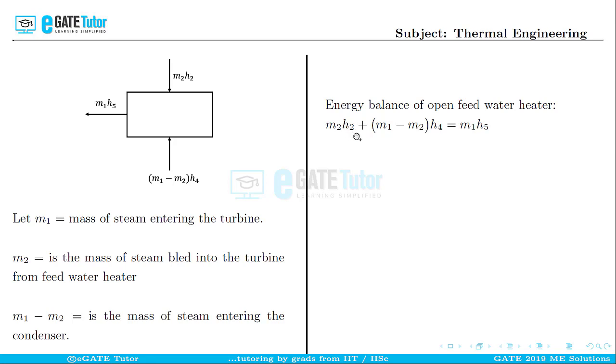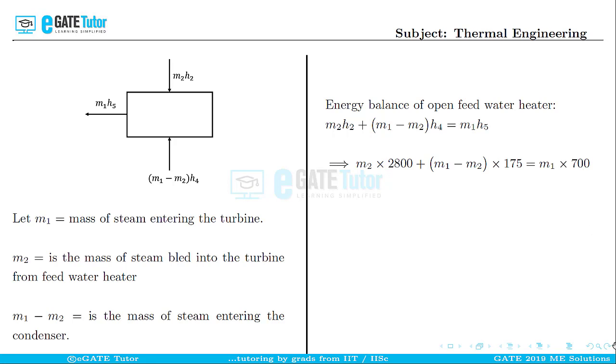When you look at the table in the question, we get H2 equal to 2800, plus (M1 minus M2) remains as it is, and H4 is the specific enthalpy of steam at state 4, which is obtained as 175 from the table. That should be equal to M1 into the specific enthalpy of steam at state 5, which is given as 700 kilojoule per kg in the table.